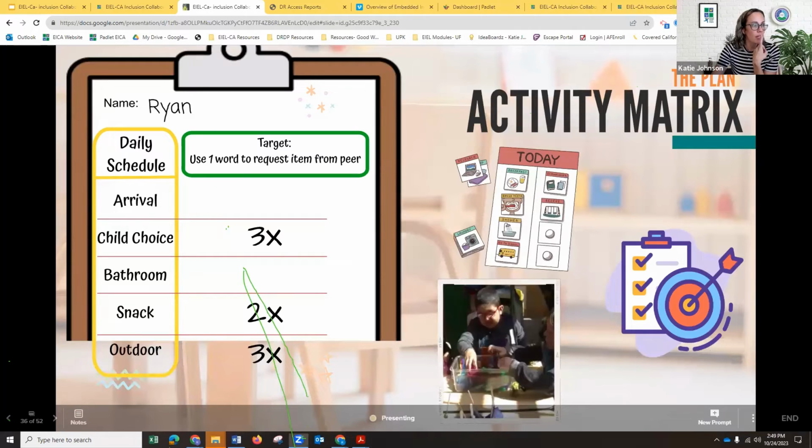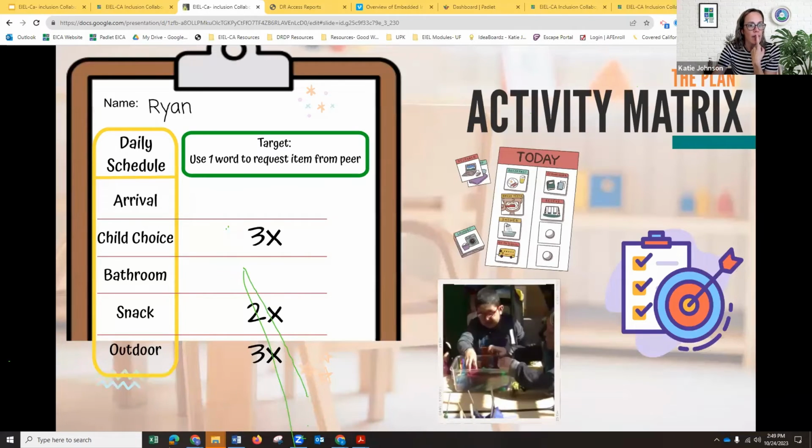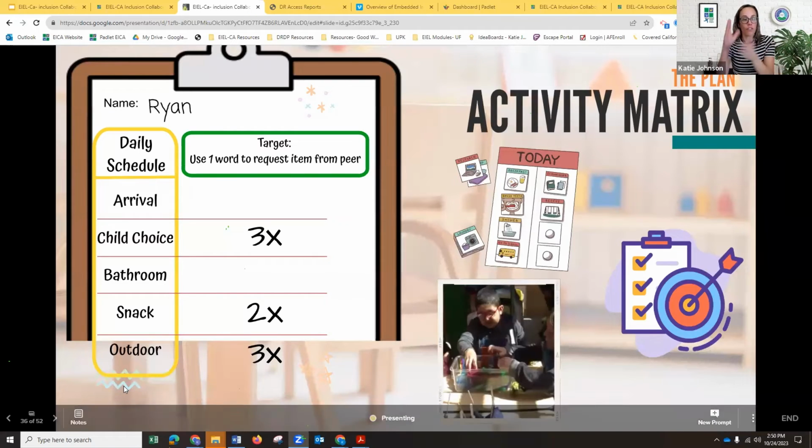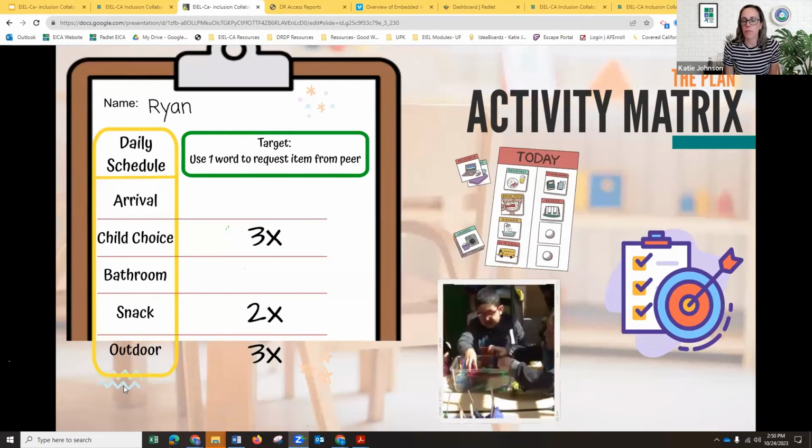And with the number, they indicated how many they plan to do. So what I would like you to do in the chat: do these activities look like a good fit to work on this skill?